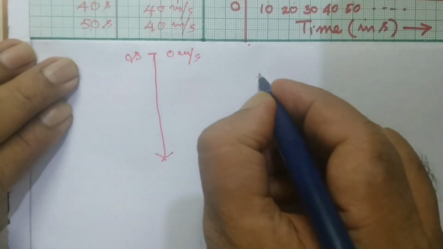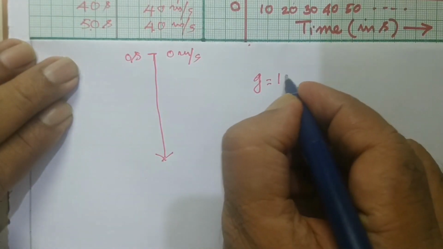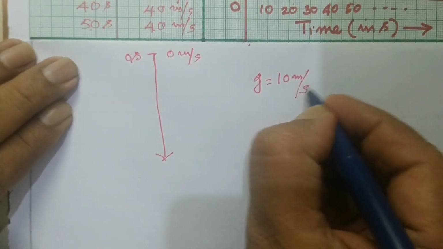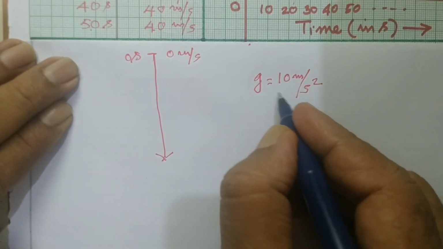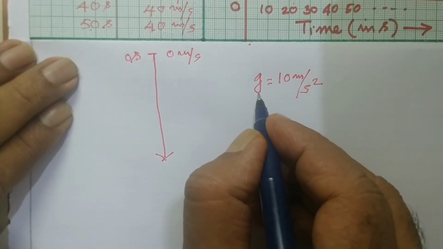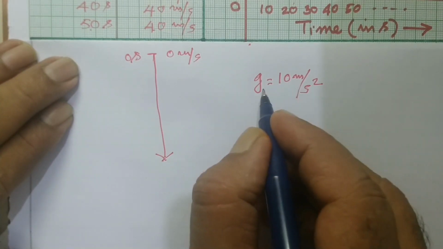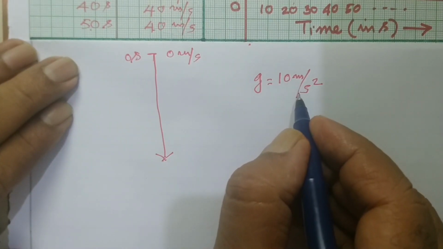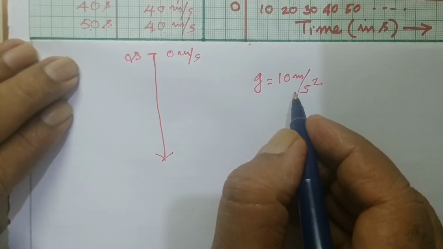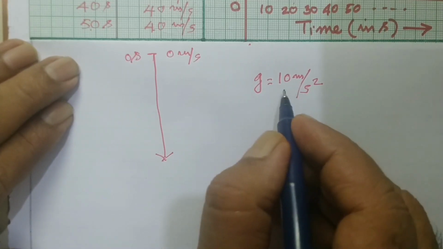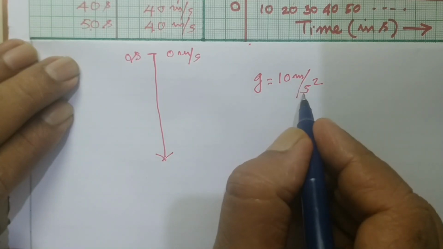I told you that acceleration due to gravity g is approximately 10 meter per second square. I mean to say that every second its velocity increases by 10 meter per second. I repeat this sentence. Every second velocity increases by 10 meter per second.